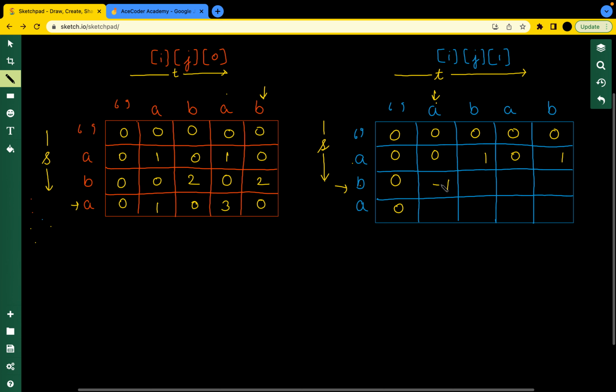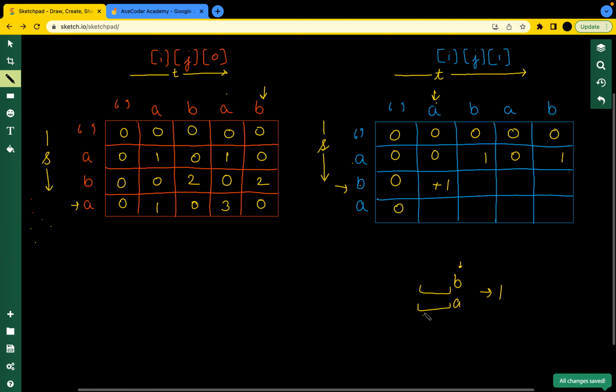But we need to check one thing also, that I agree that this B and this A are unequal, so here the answer will be 1. But we need to check another thing. And what is that other thing? If we append just this character to that string, which string? Basically this string. And this string means that these both strings are equal and they differ by 0 characters.